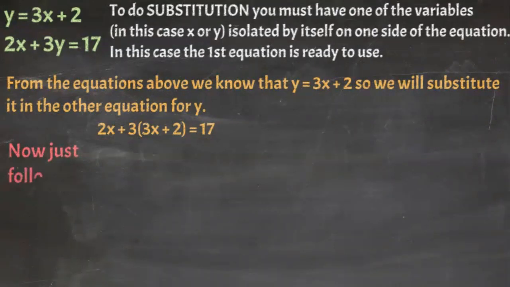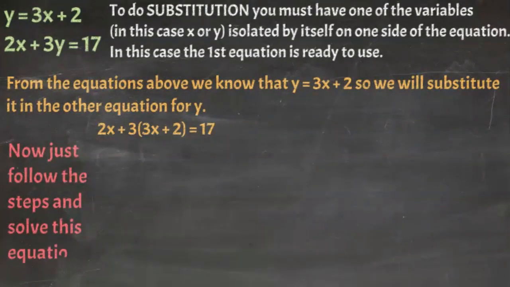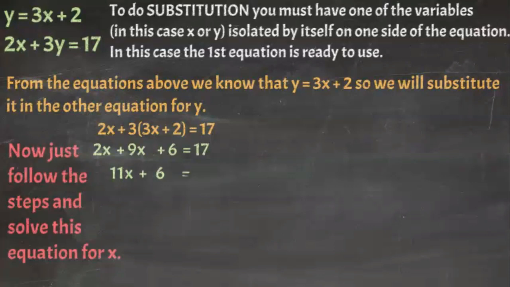Now just follow the steps and solve this equation for x. So the first thing is we do 2x and then we do distributive property. We get 9x plus 6 is equal to 17. We add like terms, we get 11x plus 6 is equal to 17.